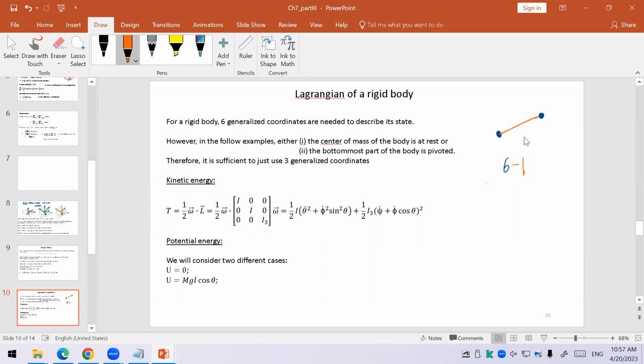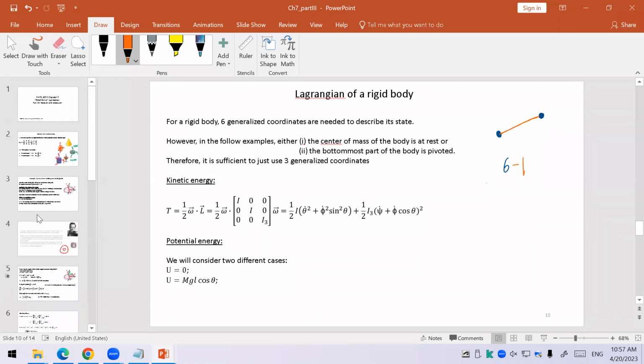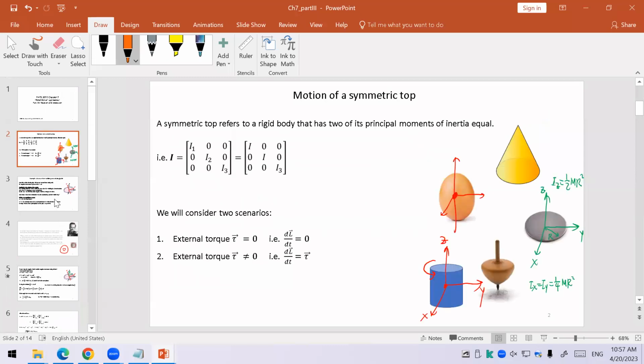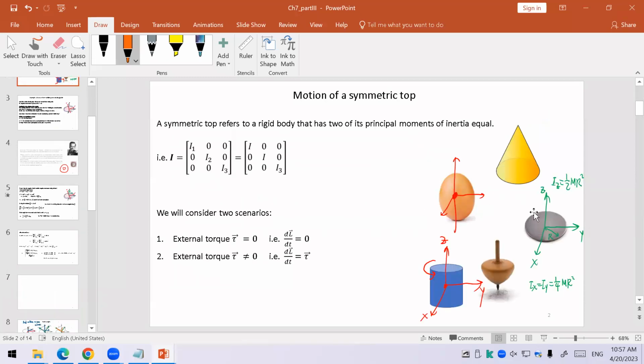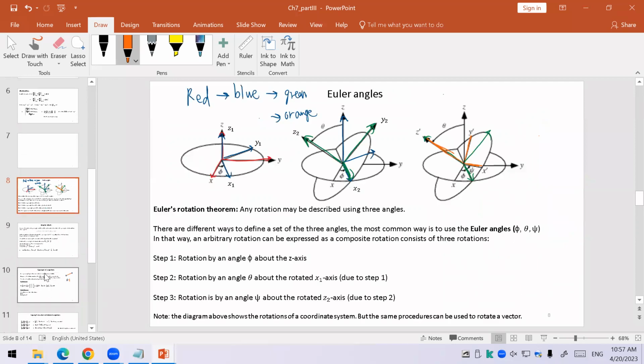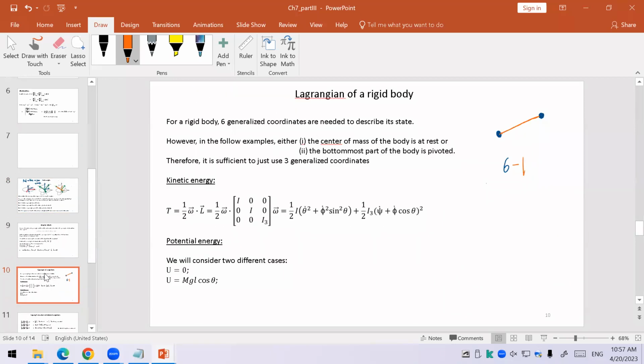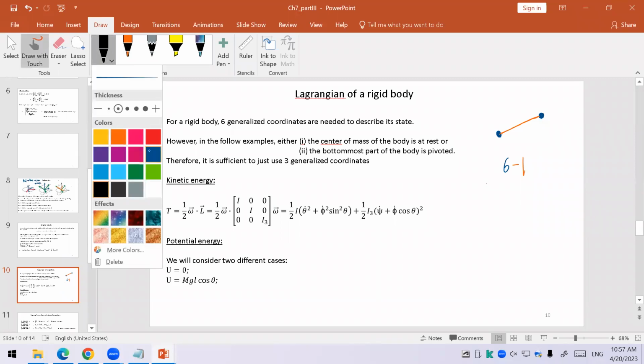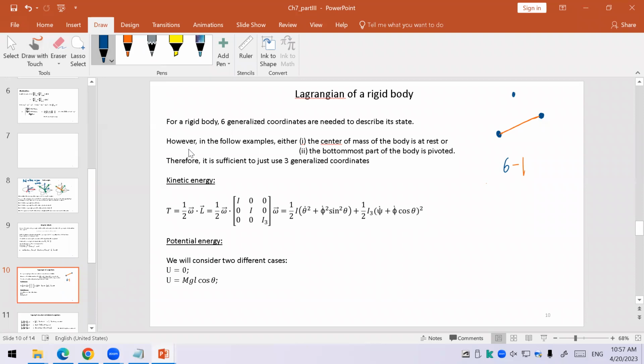But this is just a rod, right? So not really the kind of bodies that we are considering. Once you go up to 3, then you see how the 6 comes in. So if I have 3 particles, then what you should do is add 3.